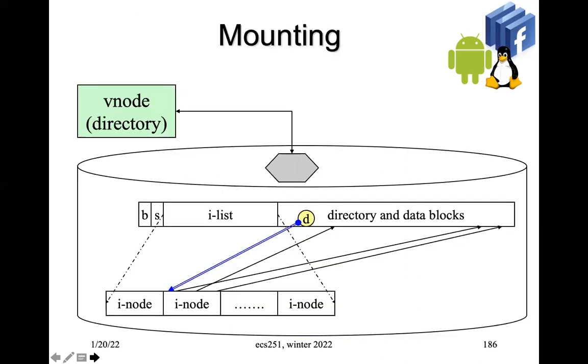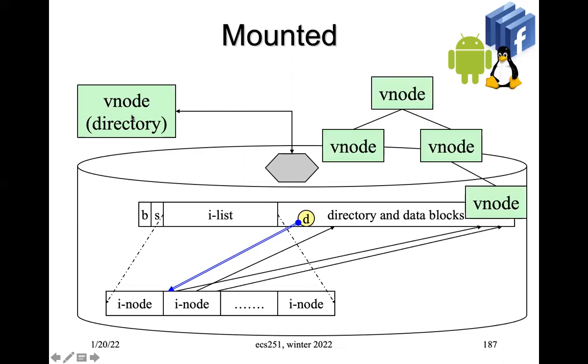Okay, so this is what we are talking about with mounting. If I have a hard disk partition, remember that we have a boot block, super block, inode block, and also directory block and data block. When you want to include the whole file system into a directory, you actually use vnode to do that.